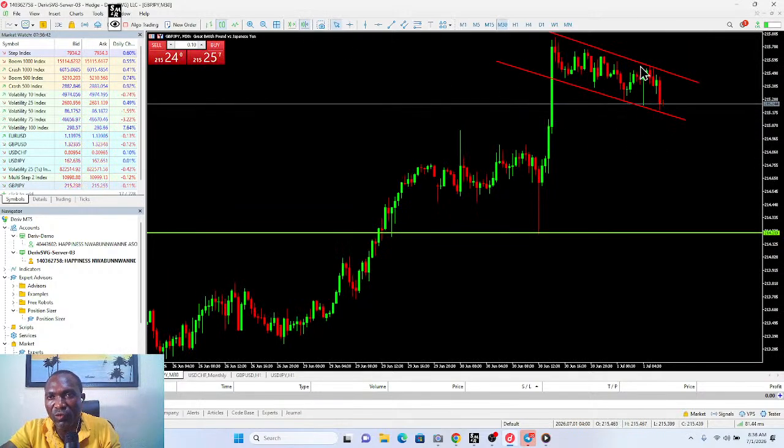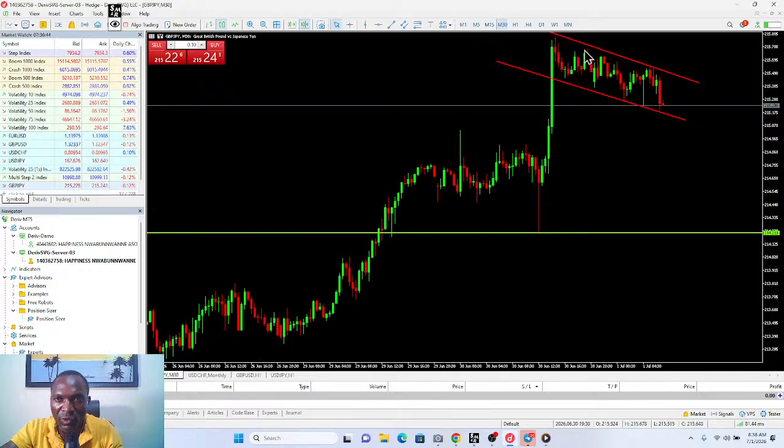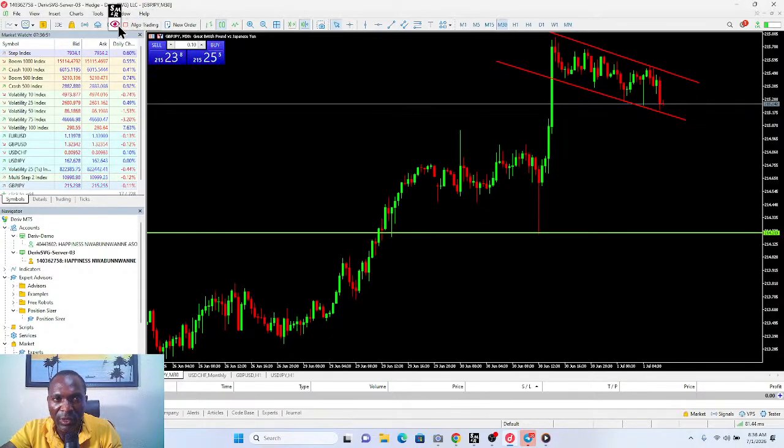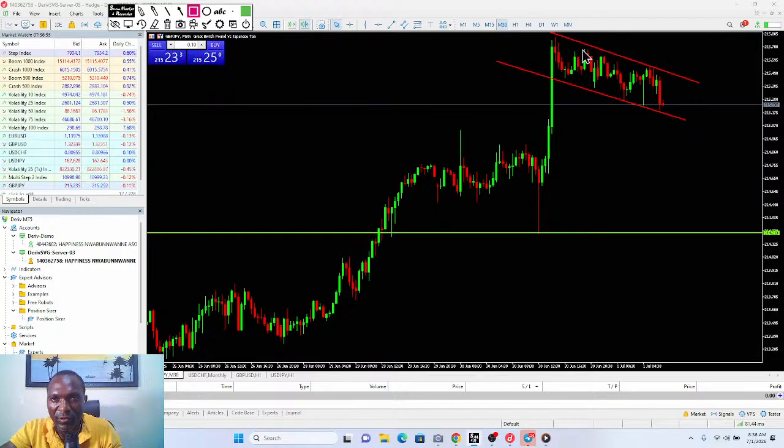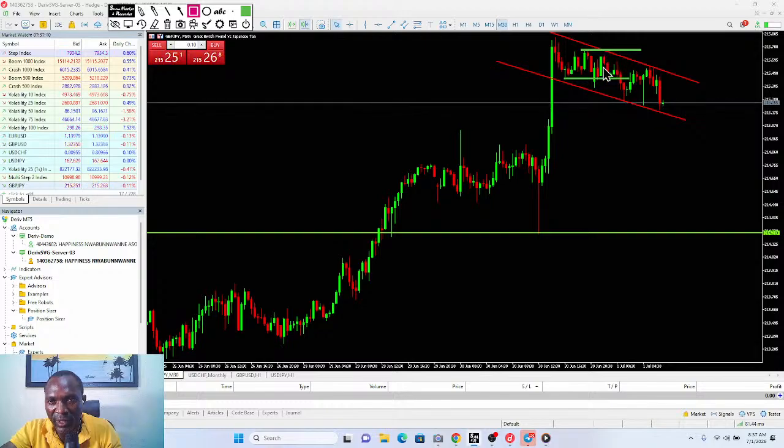Right here, you are seeing lower high and then lower low. Lower high and lower low. Let me use this to indicate it to show you. I have another one here. As long as this place got broken, it's the law of it.